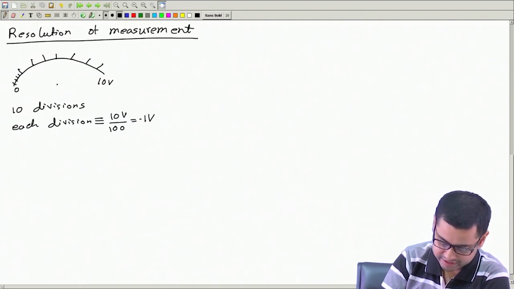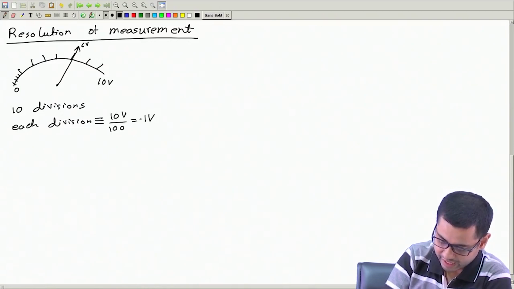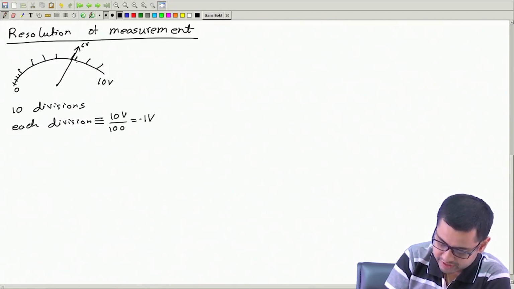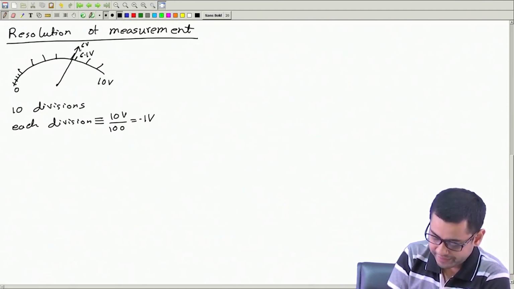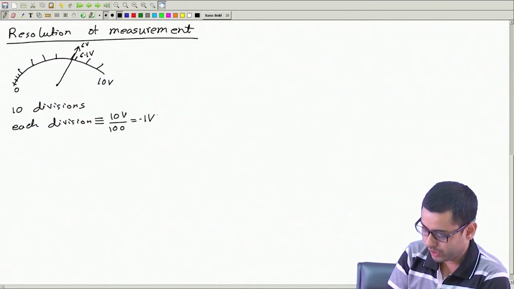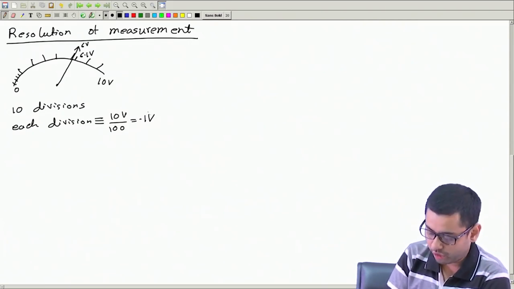Now, if the pointer is here, maybe this indicates a value of 6 volt, and then the immediate next marking will indicate a value of 6.1 volt. So the pointer can indicate values in multiples of 0.1 volt, and this you can call the least count, or we call it the resolution of this meter.